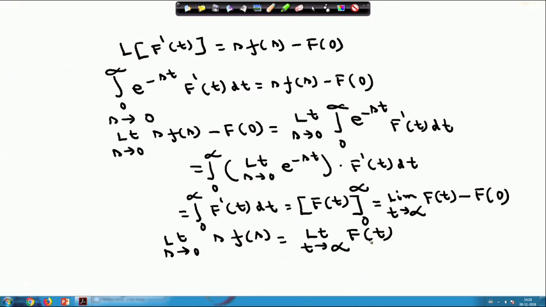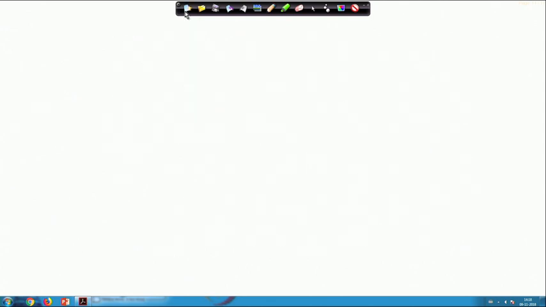Please note that this completes the proof of the final value theorem, which says that the limit as t approaches infinity of f(t) equals the limit as s approaches 0 of s F(s).